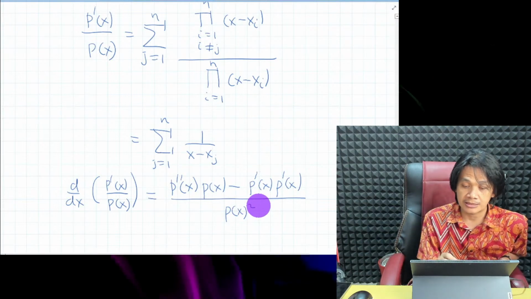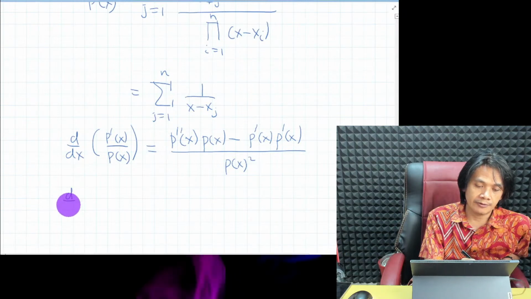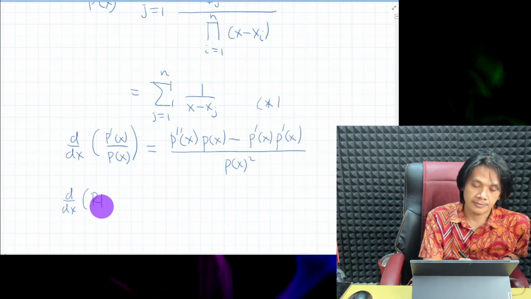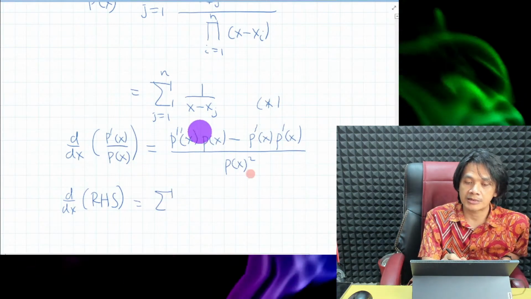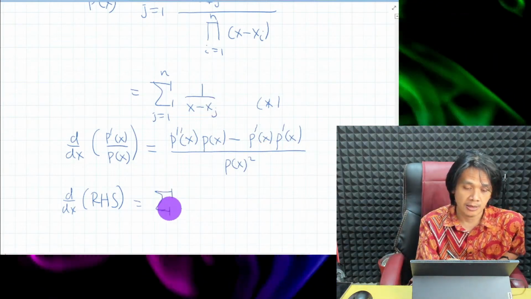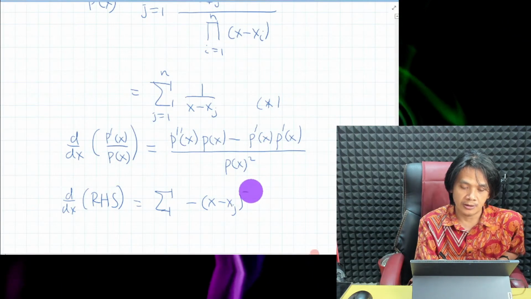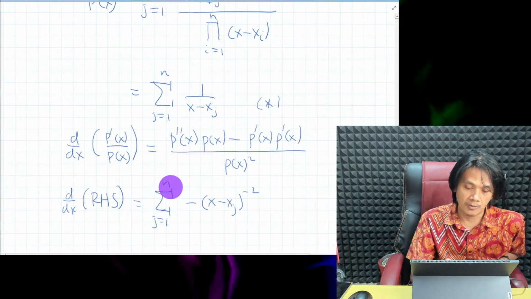Okay, so this is the derivative of the left hand side, and the derivative of the right hand side is the sum. So think of this as x minus xj to the power of -1. So it's going to be negative, x minus xj to the -2.